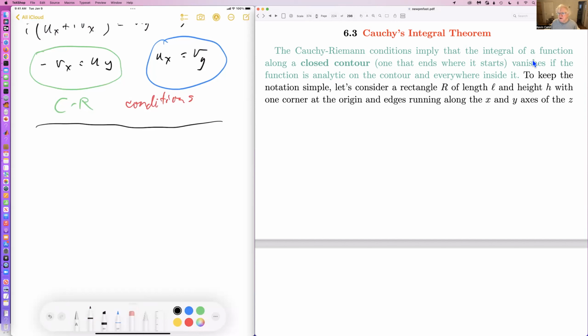The Cauchy-Riemann conditions imply the integral of a function along a closed contour, that is to say, a loop of some kind, vanishes if the function is analytic on the contour and everywhere inside it.